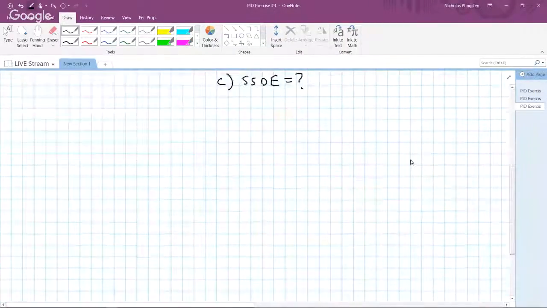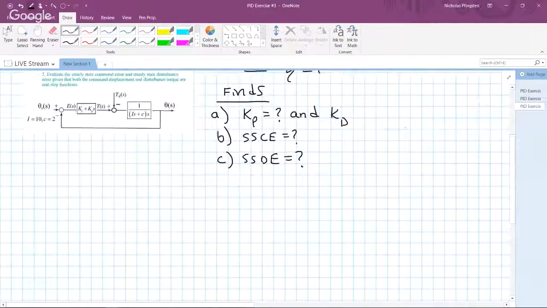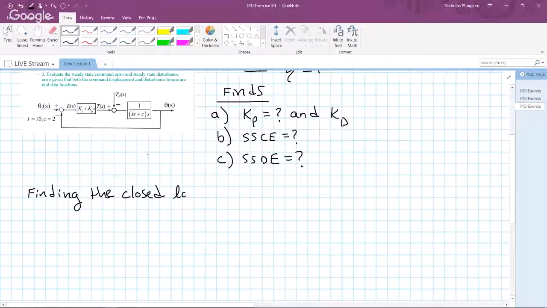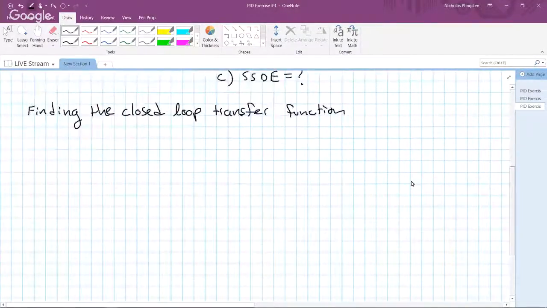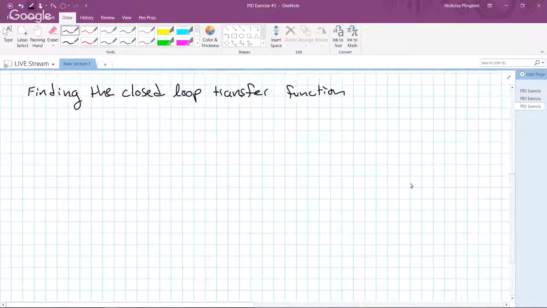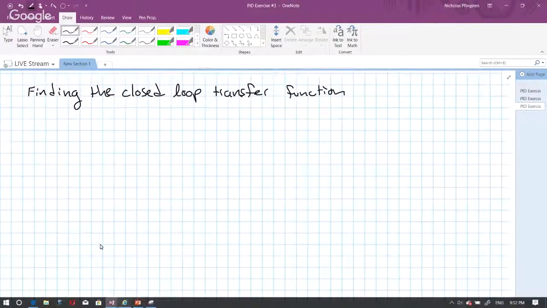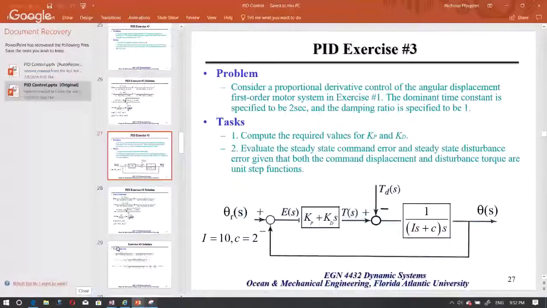So the first thing that we're going to do is find the closed loop transfer function. So I'm actually going to grab a bigger picture, not much bigger, for that transfer function.